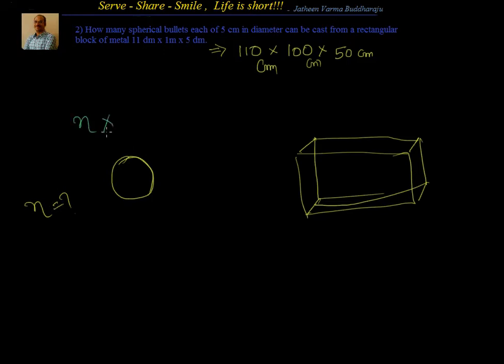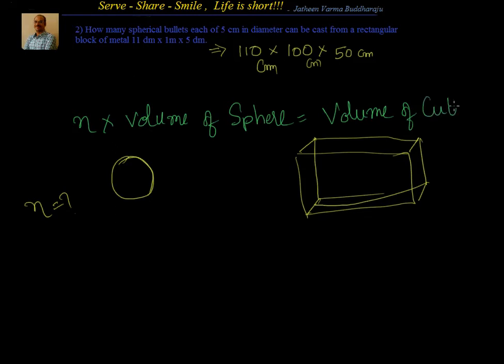So can I say n into volume of sphere equal to volume of cuboid. Now what's the volume of the cuboid? Volume of the cuboid is 110 into 100 into 50, and we don't know how many, so I will say n.